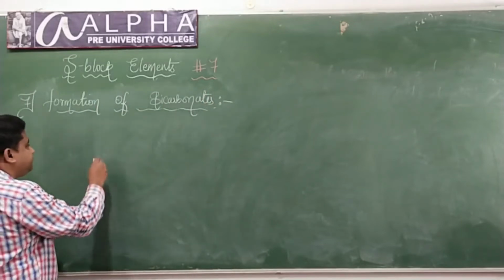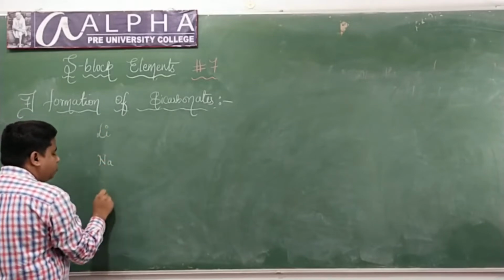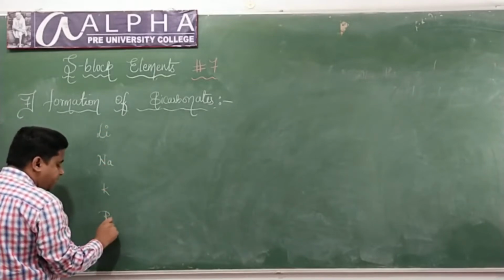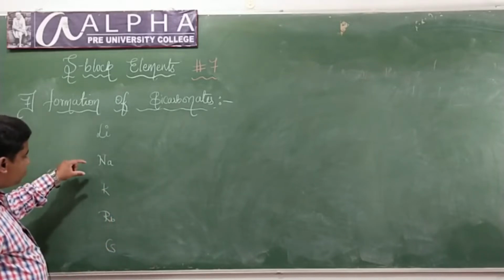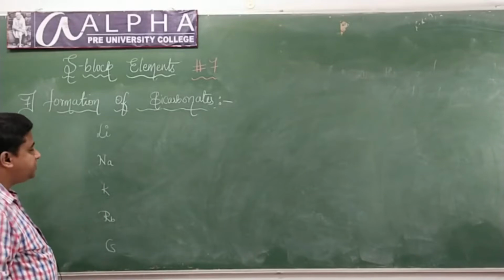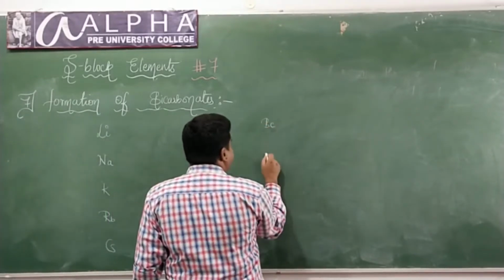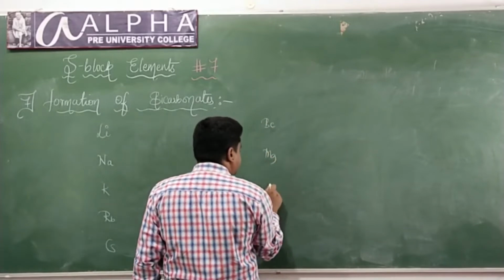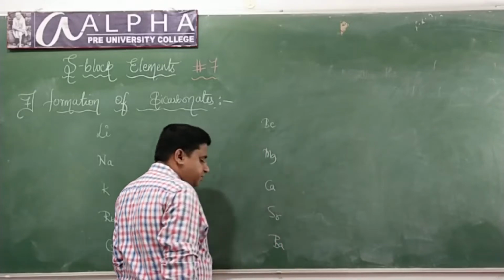We have lithium, sodium, potassium, rubidium and cesium in alkali metals, and in alkaline earth metals we have beryllium, magnesium, calcium, strontium and barium.